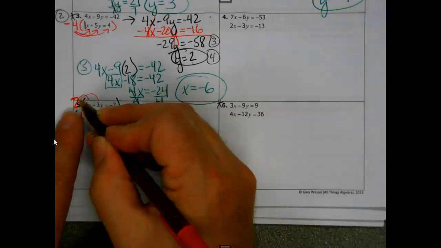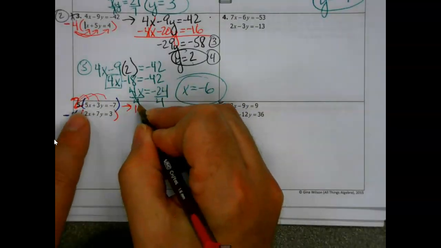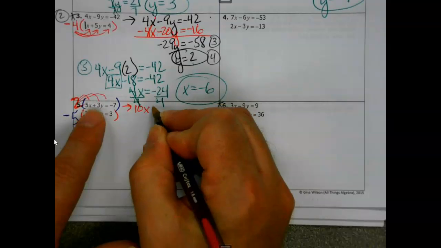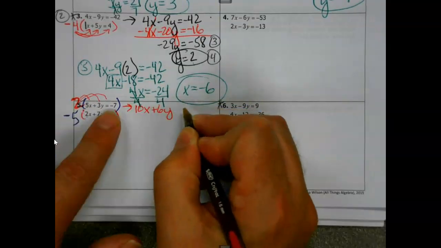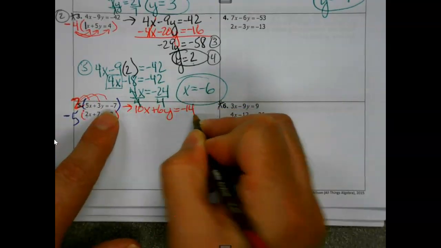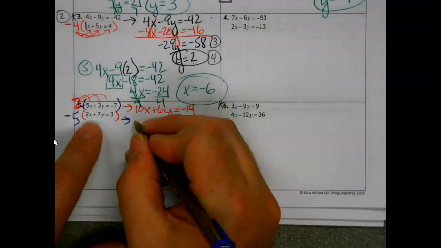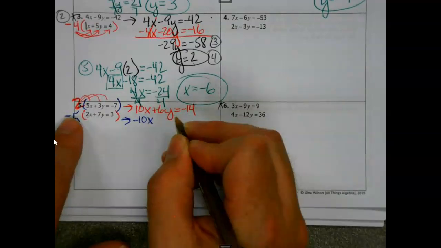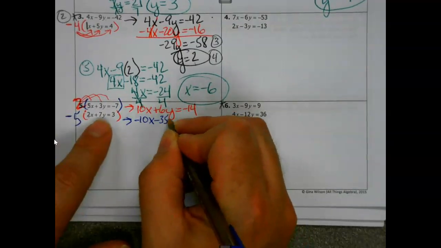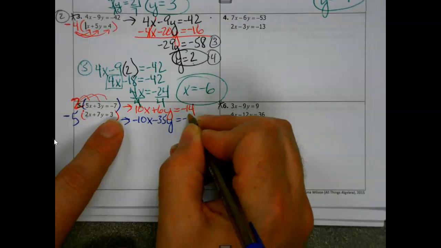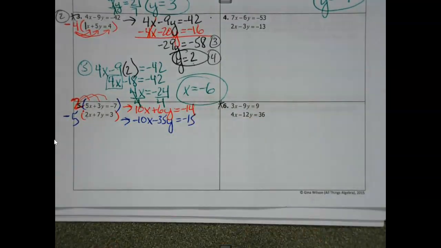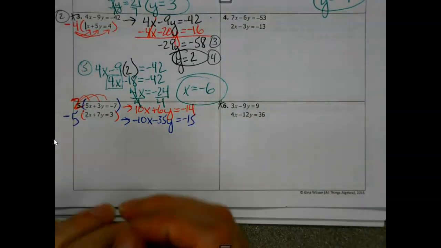Because watch how what I just did works out nicely here. So we're multiplying each of these by 2. Down here, we're multiplying each of these by -5. Make sure it's all of them. Don't forget that number on the end. It's every bit as important as the other 2.